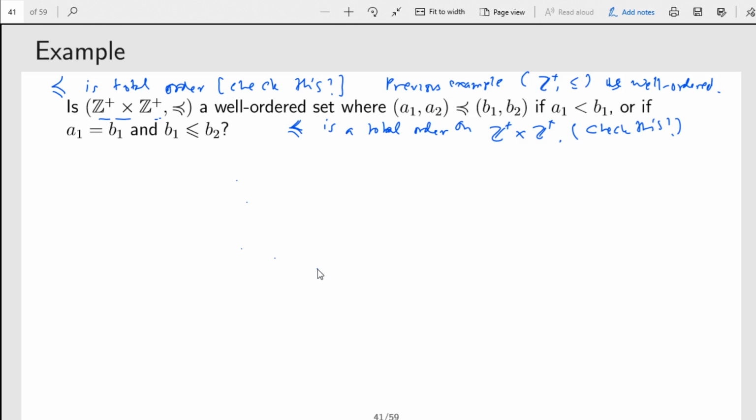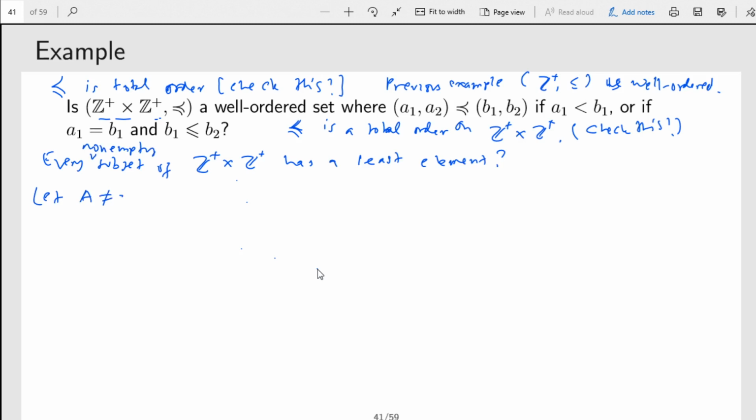Now what you want to focus on is to check whether every subset of this set, so C plus times C plus, has a least element. So that's what we want to check. Let's do that. Let A be a non-empty subset of this.